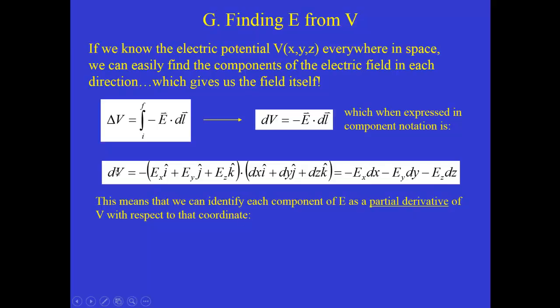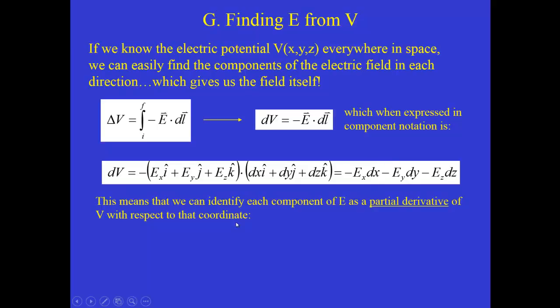And there's a simple elementary theorem in calculus that says if you can write a differential change in a particular function like this as individual components along different directions, then each of these components is a partial derivative of the function along that particular direction.